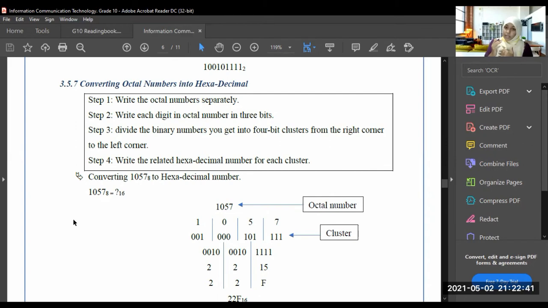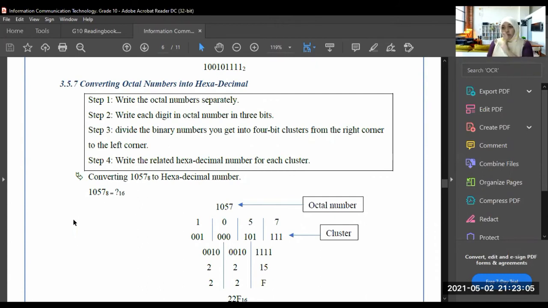When we are converting the binary into base 8 or base 16, when it comes to base 8, we separated them into clusters with 3 bits, right? And then the power of 2 and then the answer.